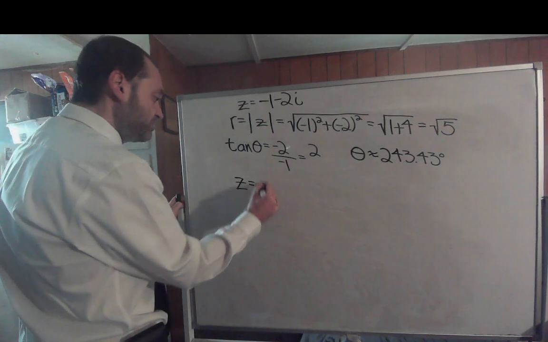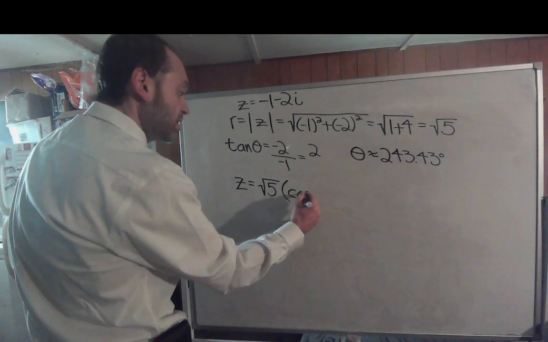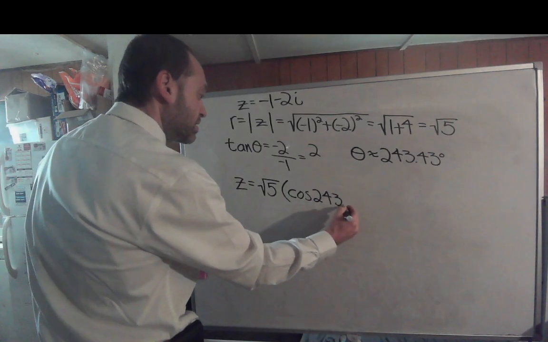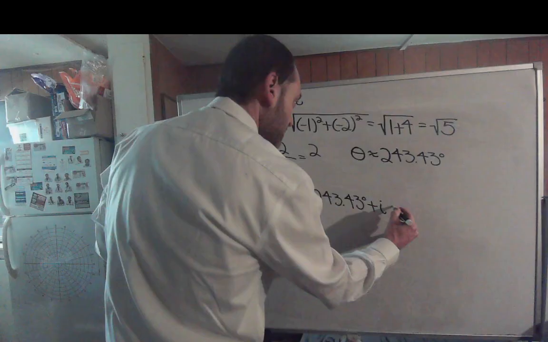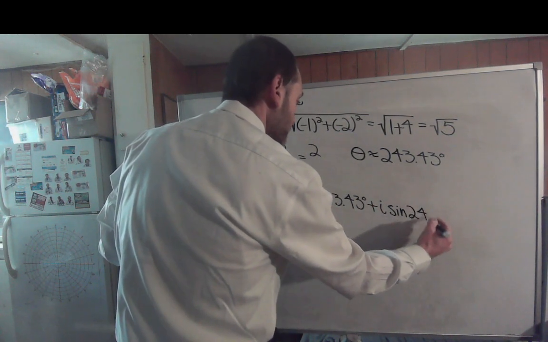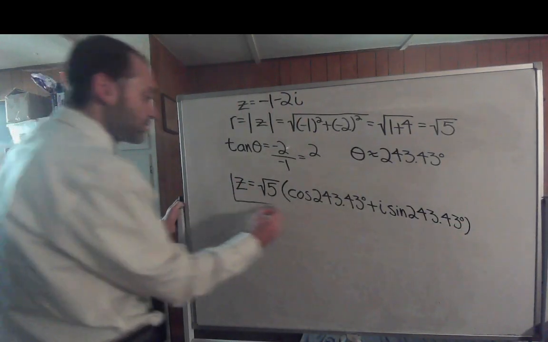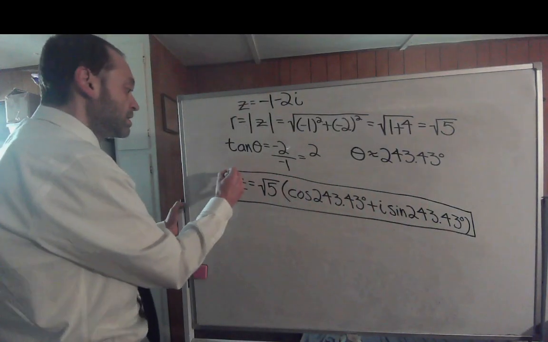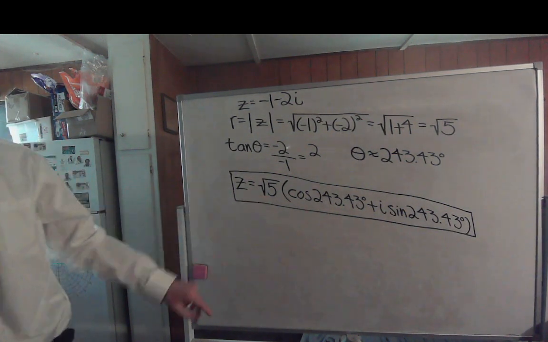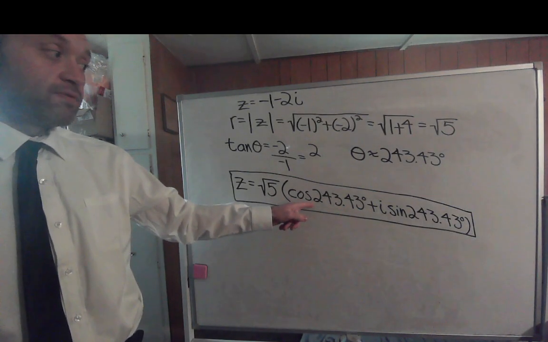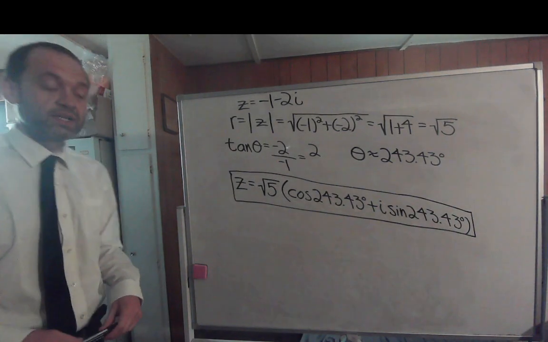Now to write the trigonometric form of this complex number, it's going to be your r, which is the square root of 5, times the quantity of the cosine of 243.43 degrees, plus I times the sine of 243.43 degrees. So the trigonometric form is z equals the square root of 5 times the quantity of the cosine of 243.43 degrees plus I times the sine of 243.43 degrees.